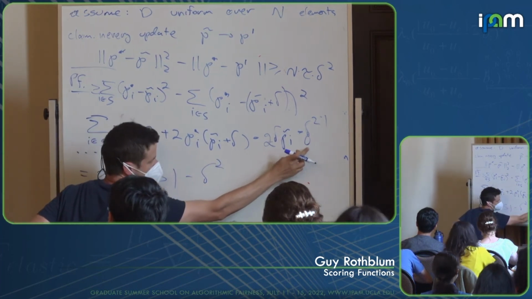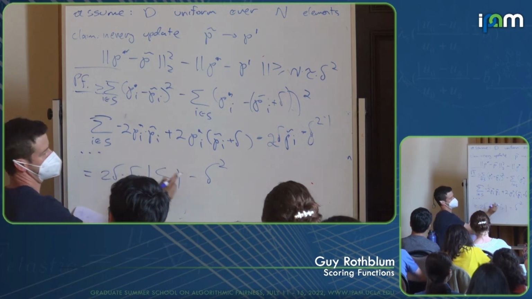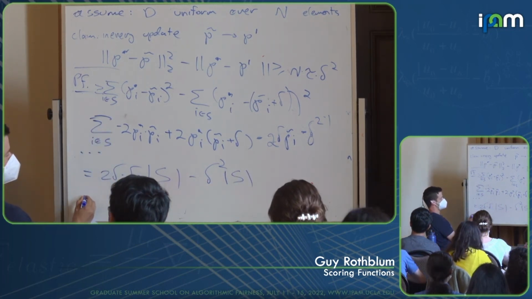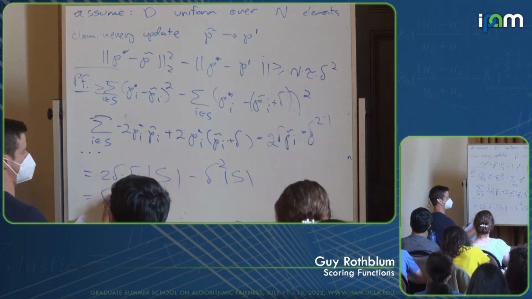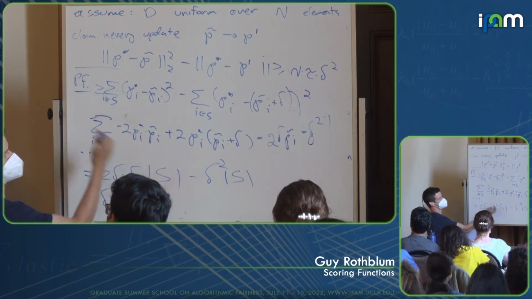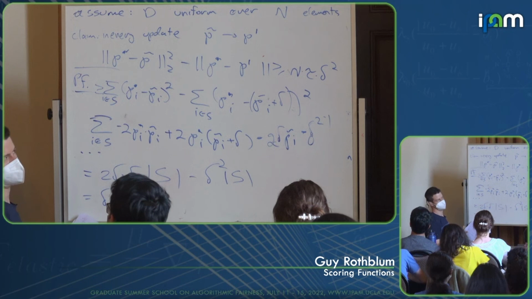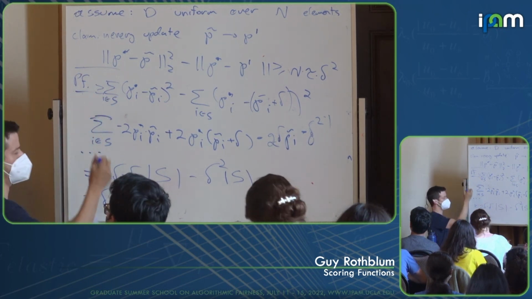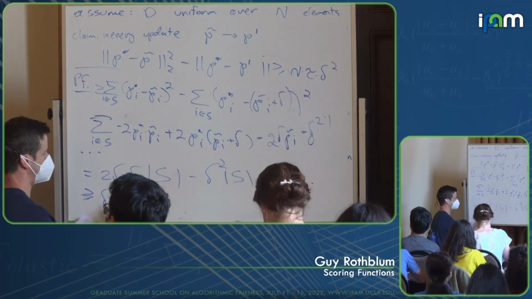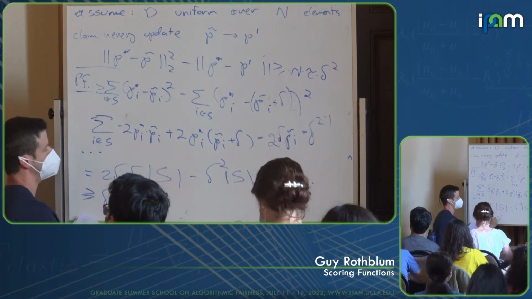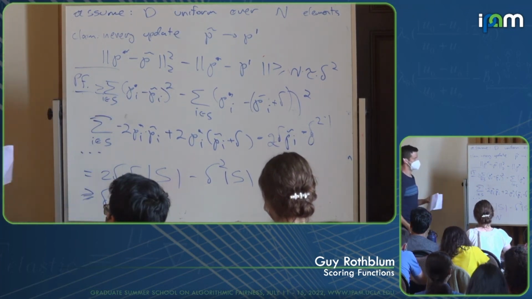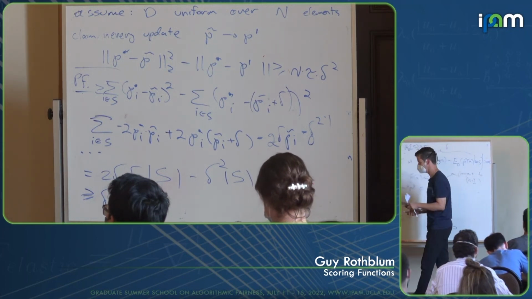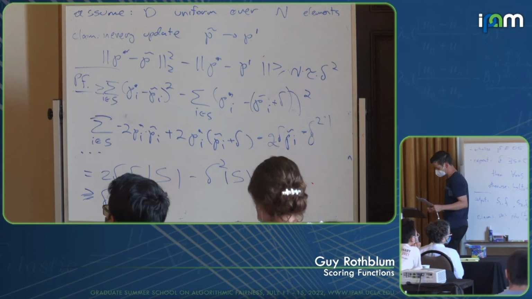This delta squared is being summed up times the size of S. And this is equal to exactly delta squared times the size of S, which is, we're only looking at sets that are at least of size tau times n, right? The sets have to be large enough, so it's at least delta squared times tau times n, which is what we wanted to prove. So that's our potential drop in every round of the algorithm.